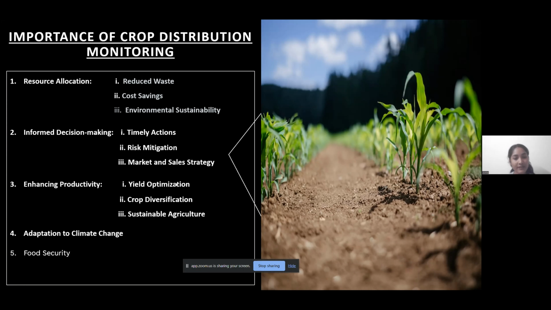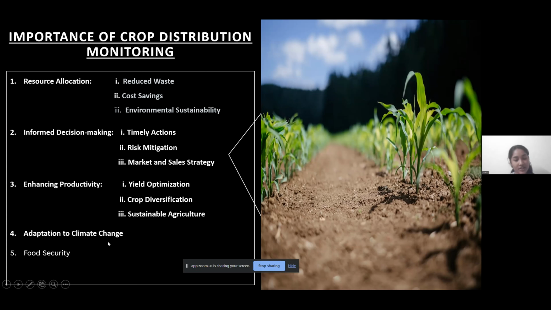And crop diversification, which helps in reducing monoculture risk and supports long-term soil health. And sustainable agriculture: by optimizing resource use and reducing waste, monitoring contributes to the sustainability of farming practices. And the fourth importance, we have adaptation to climate change.